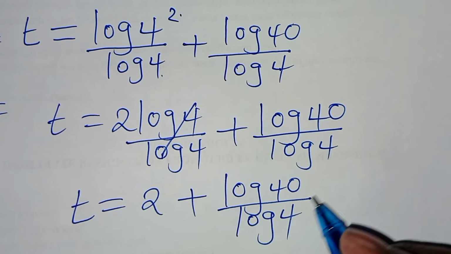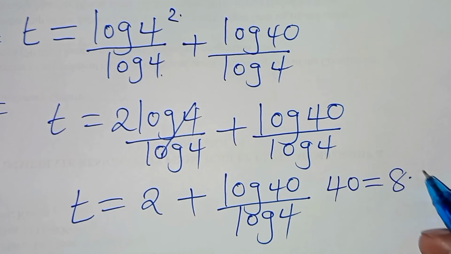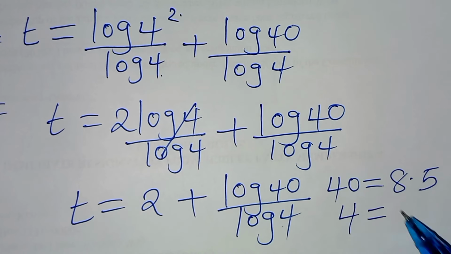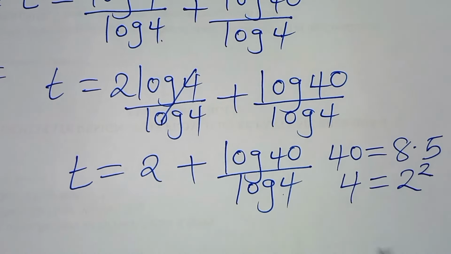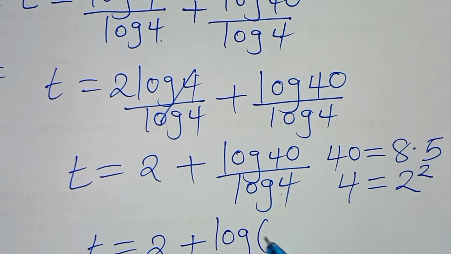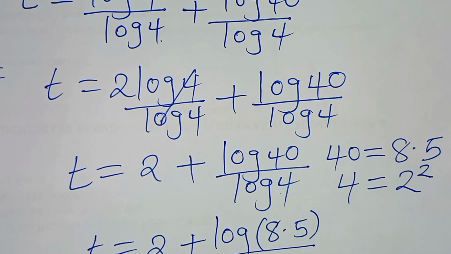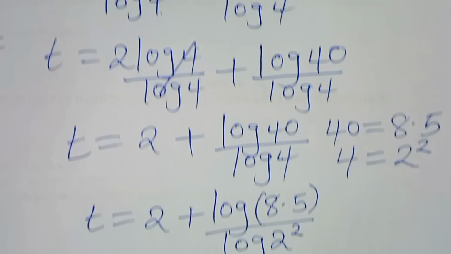So the next step here, we can express 40 as 8 multiplied by 5, and we can express 4 as 2 to power 2. So let's substitute this. We'll have t equal to 2 plus log of 8 multiplied by 5, all divided by log 4, which is 2 to power 2.